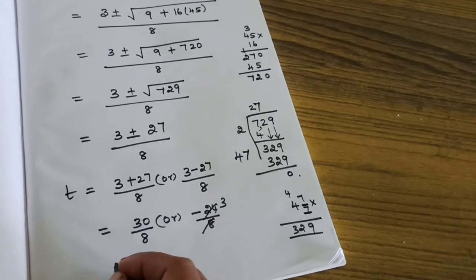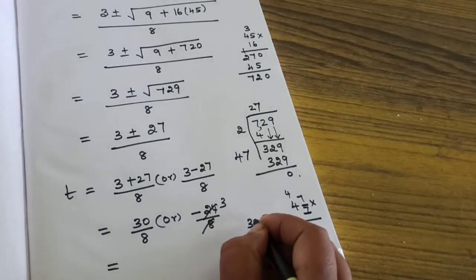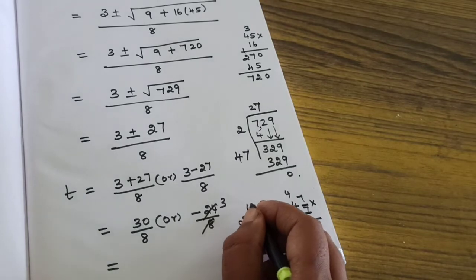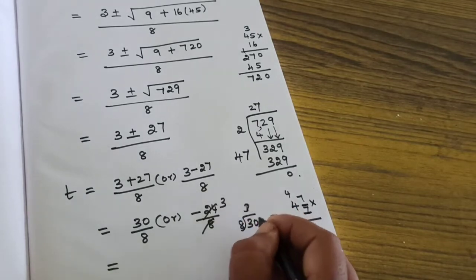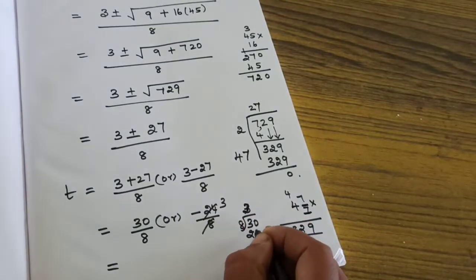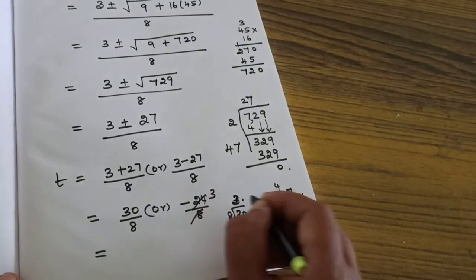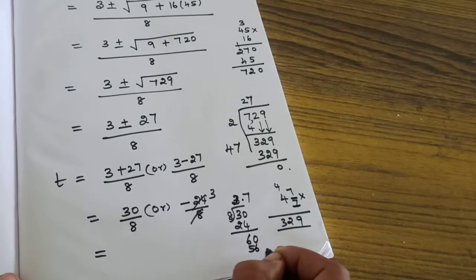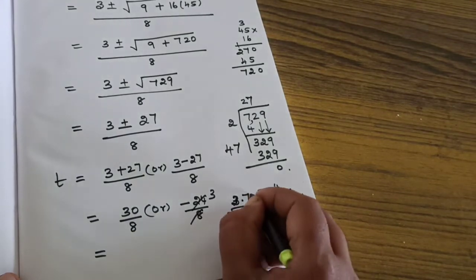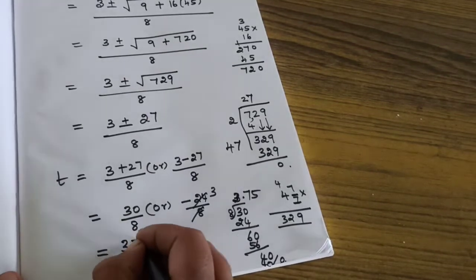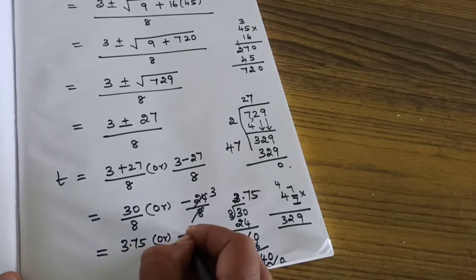Here 3 and here 30 divided by 8. 4 times 8 is 32, and 30 is 24, balance 6, put 1 0, put the point, 7, 56 and 4, 0, 5. So 40, 0. So here 3.75 or minus 3.